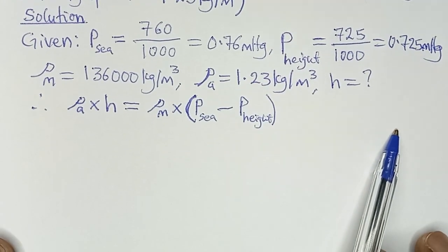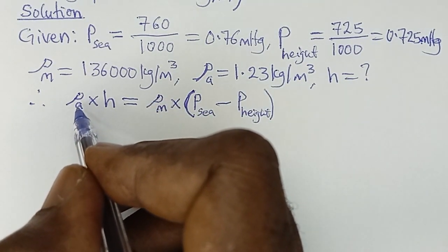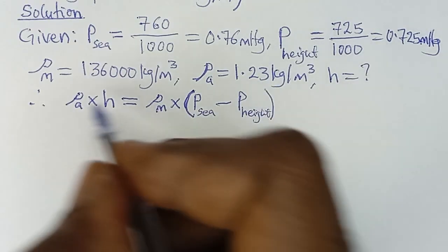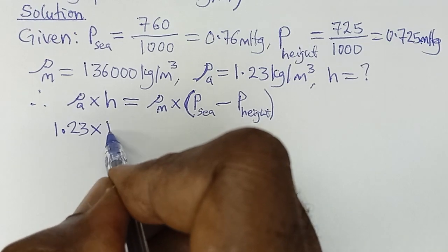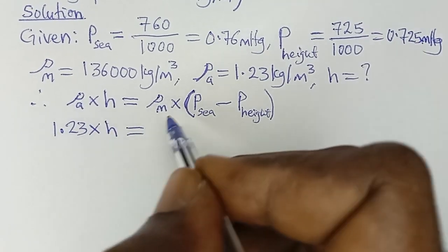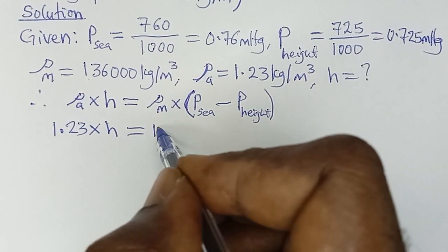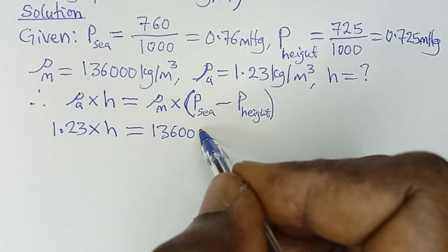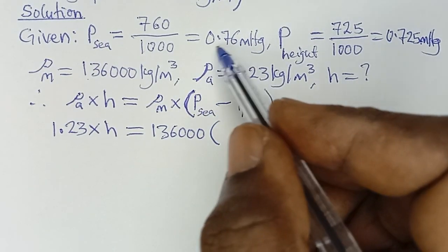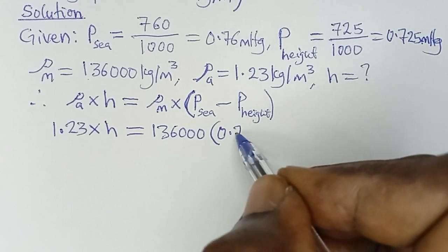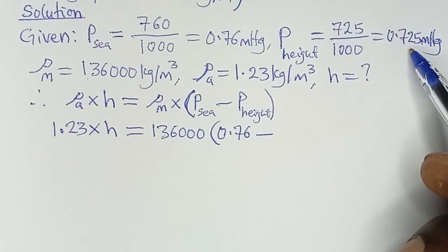Now we are going to substitute values so that we can get our answer. The density of air is 1.23, so 1.23 multiplied by the height that we are looking for is equal to the density of mercury, 136,000, multiplied by the pressure at sea level, which is 0.76, minus the pressure at that height, which is 0.725.